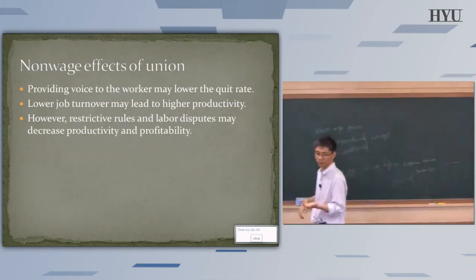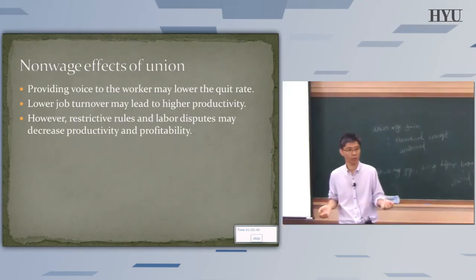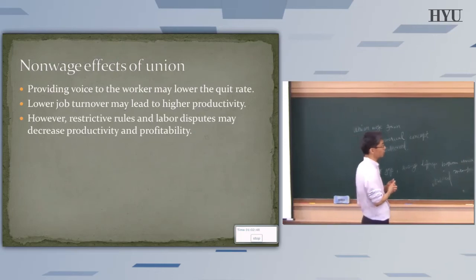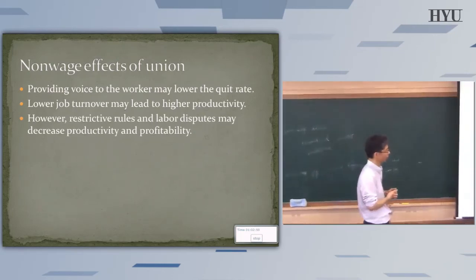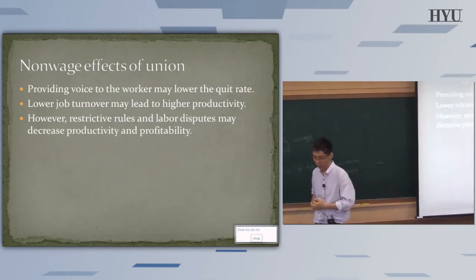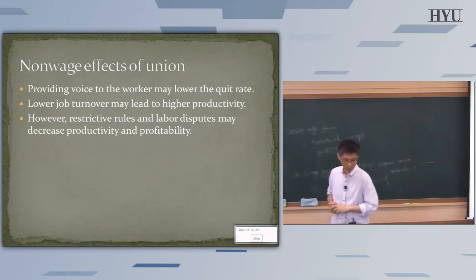I talked about the featherbedding practice, for example. Those kinds of rules can actually decrease productivity and profitability. Or the labor disputes. The union members can go on strike. They can do lots of things that can hurt the firm's business. That can also decrease productivity and profitability.